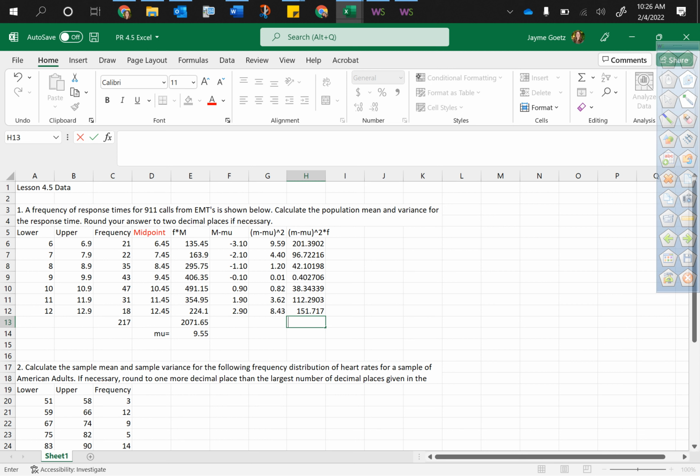So if you want to, you can come over here where we already found the sum of this column. Since this column size didn't change, it's still the same number of cells, I can just copy and paste, and it's now going to find the sum of all of these for me. I just found the sum. That's all I did. If you want to type in equals sum, that's okay.